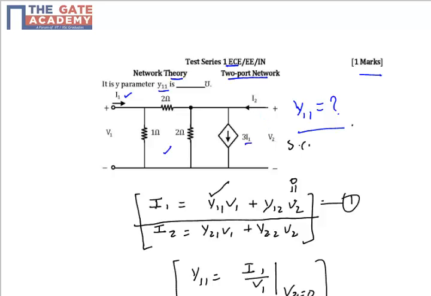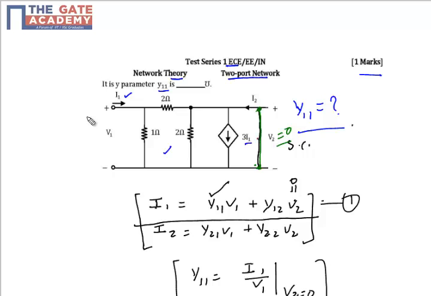Voltage is the potential difference of two terminals, so to make sure the voltage is 0, the potential of those two points must be the same. So we connect them with an ideal wire. If I connect a simple wire across the output terminal, then V2 will be equal to 0.